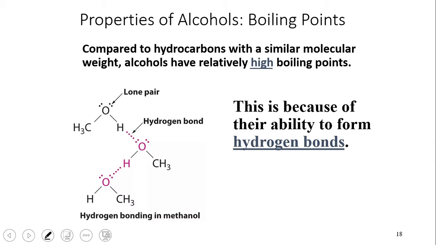So if you compare an alcohol with a hydrocarbon of similar size or similar molecular weight, alcohols are going to have relatively high boiling points, and this is because of their ability to form hydrogen bonds, as you can see here on the left, between the partially negative oxygen atom of one molecule and the partially positive hydrogen of the neighboring molecule. Don't forget, the hydrogens that are attached to carbon are not going to participate in hydrogen bonding because carbon is not a highly electronegative element like oxygen is.